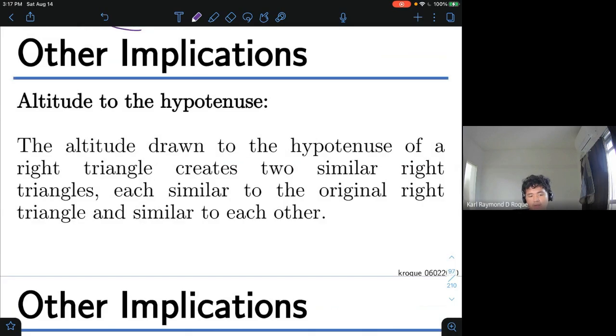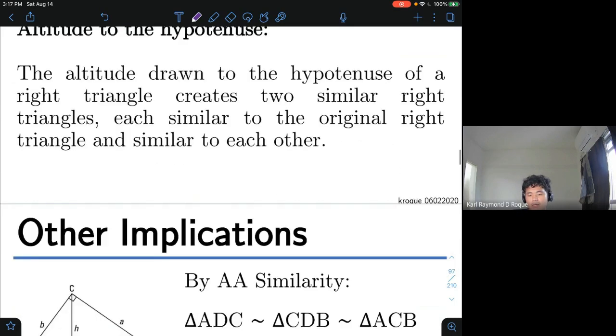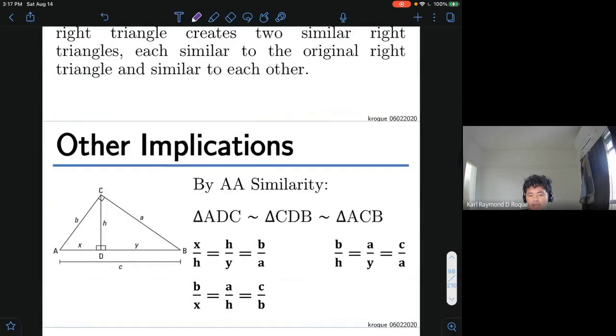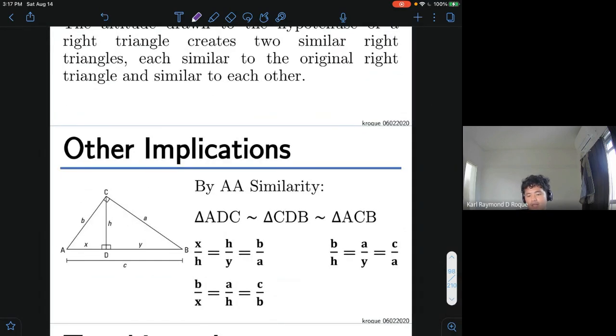Other implications: the altitude drawn to the hypotenuse can create three similar triangles. All these pairs are similar to each other. So there are three pairs, similar to each other.